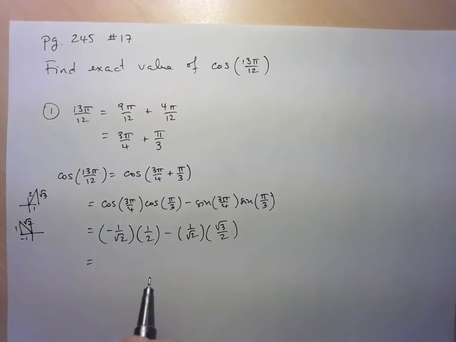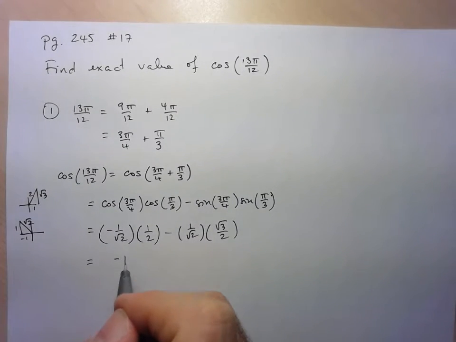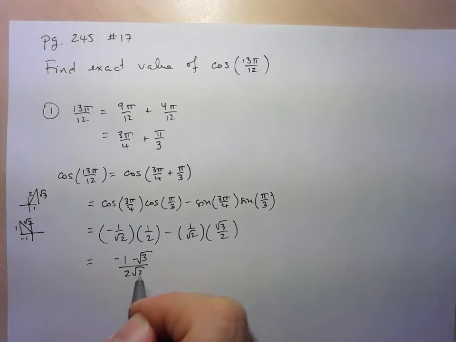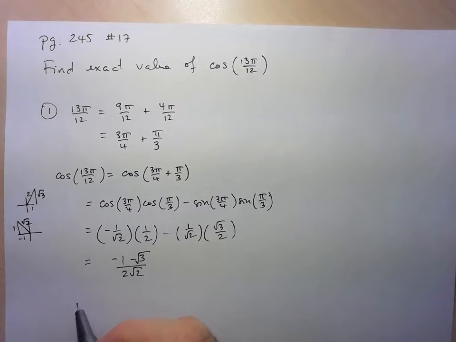Now let's bring this all together. We already have a common denominator of 2 root 2, so we have negative 1 minus root 3 over 2 root 2. We can see this is clearly a negative number, so that's a quick check that it makes sense. If you like, you can rationalize the denominator, but I'm fine leaving the answer like this.